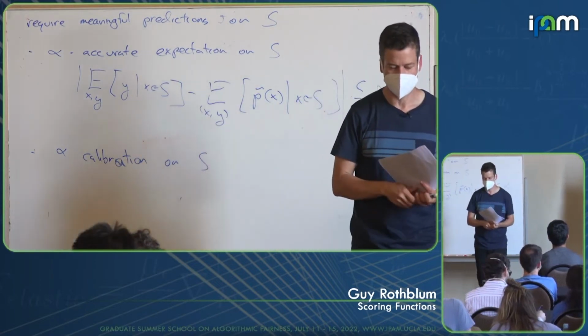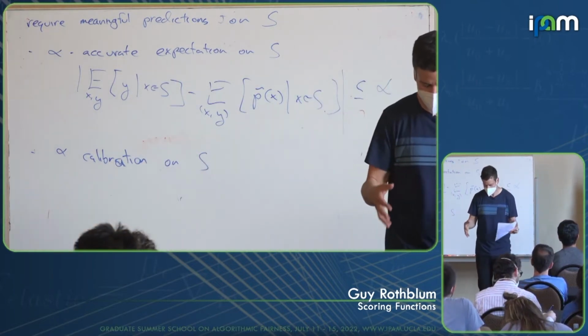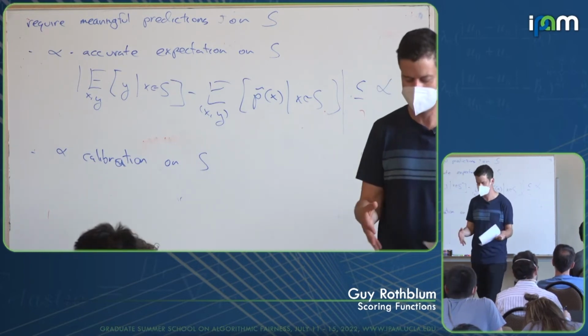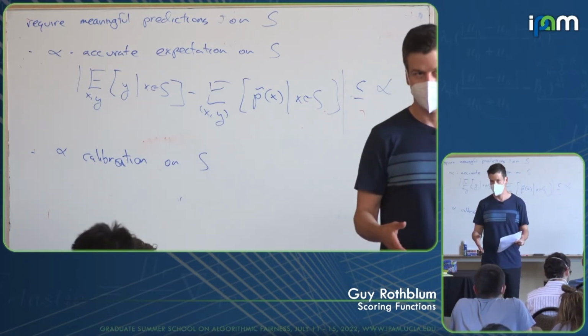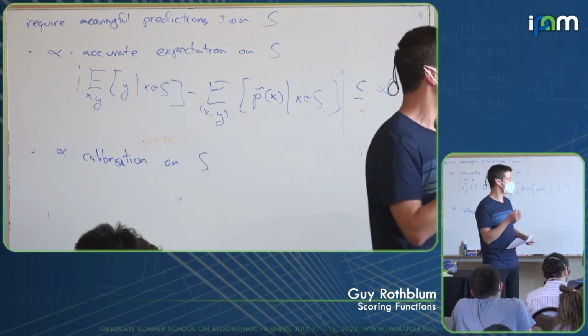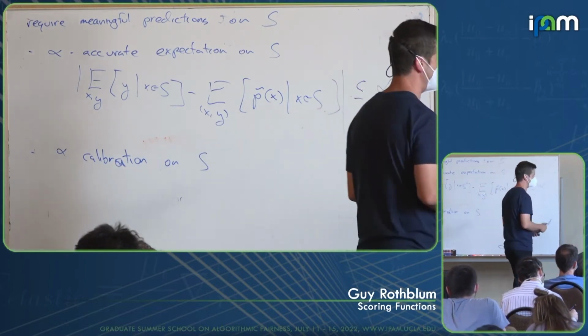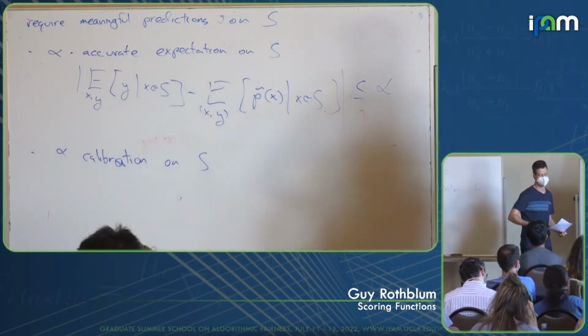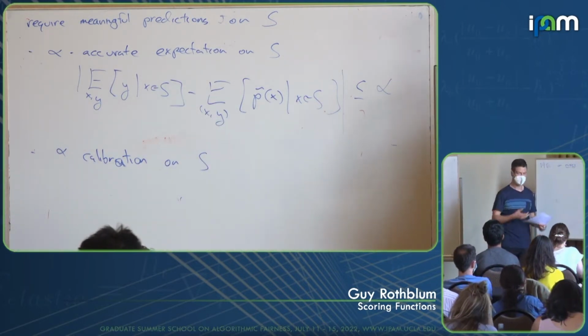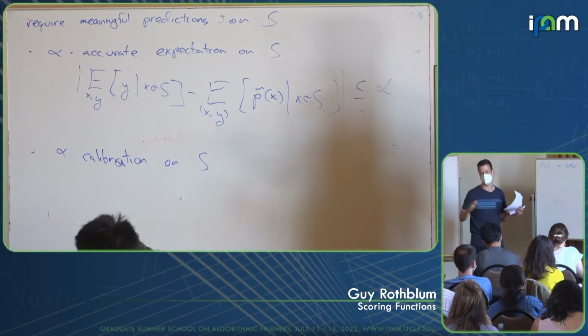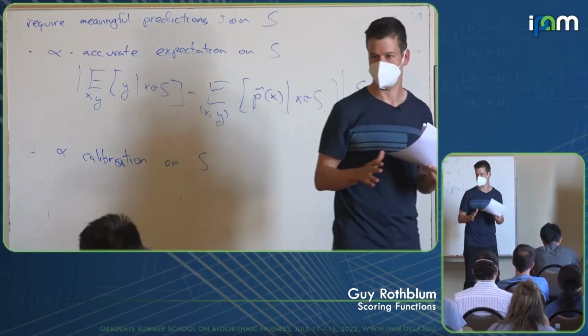Ideally, what I would want is that every set that we can really identify, given the features we have and within some reasonable complexity bounds, for all of them simultaneously, we want to guarantee alpha accurate expectations. If we can identify a set where the expectation isn't accurate within some bounded class, then things are off and we need to fix our predictions.